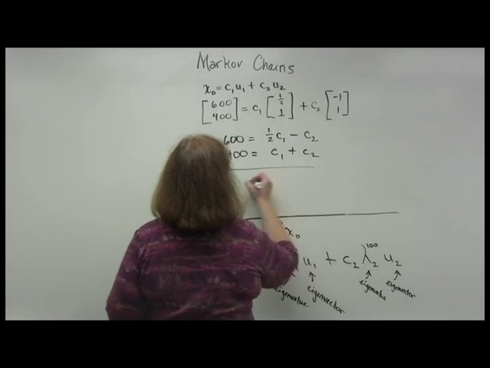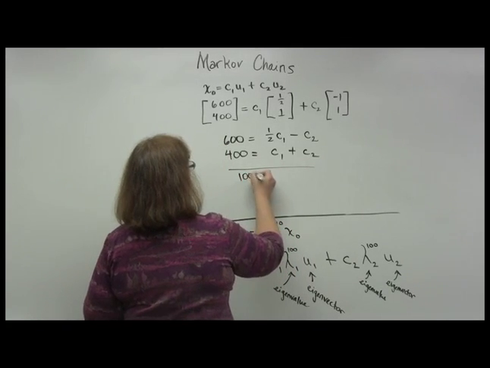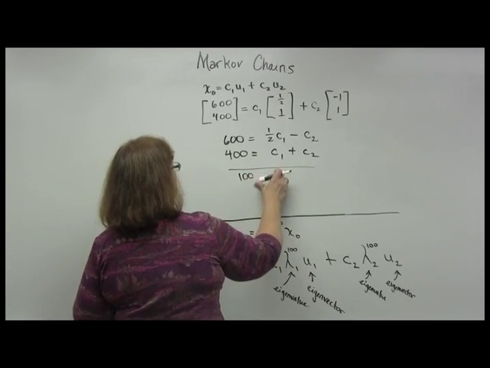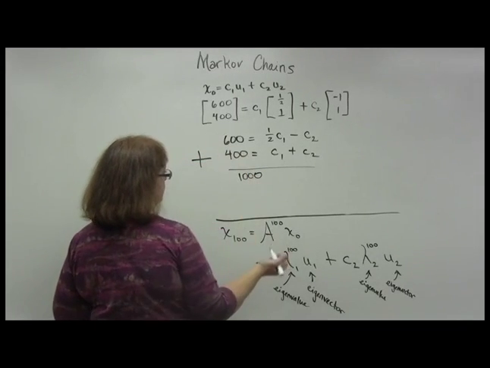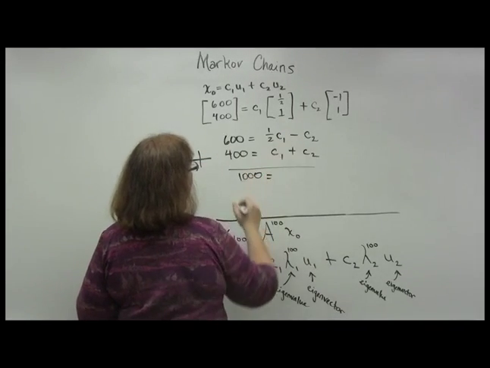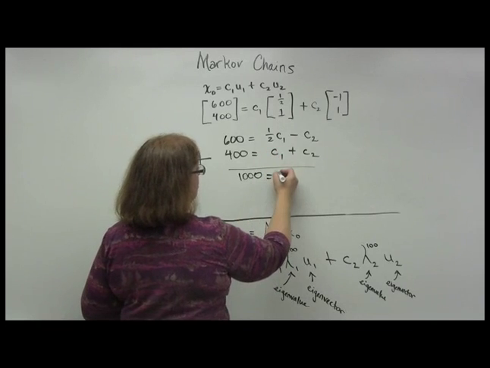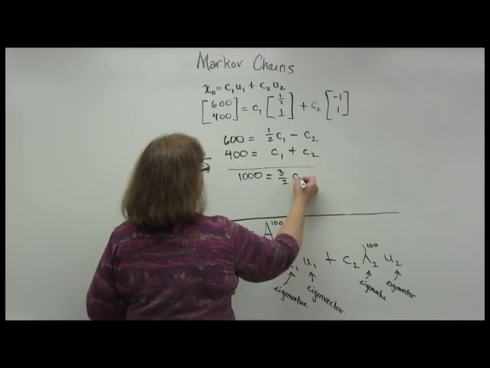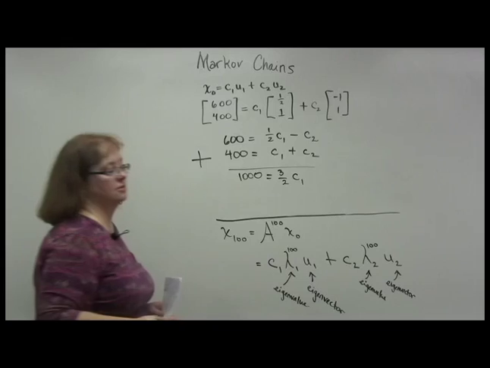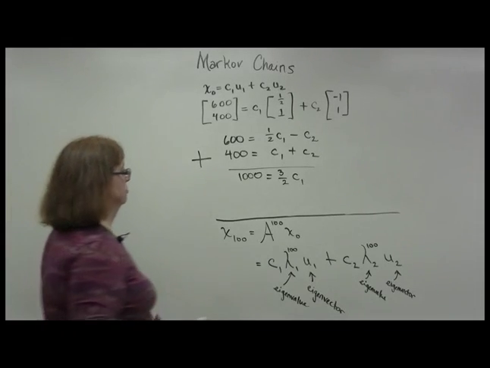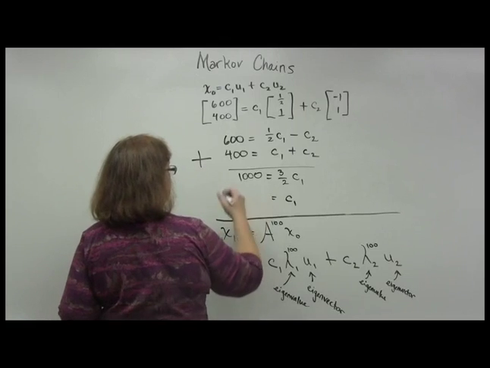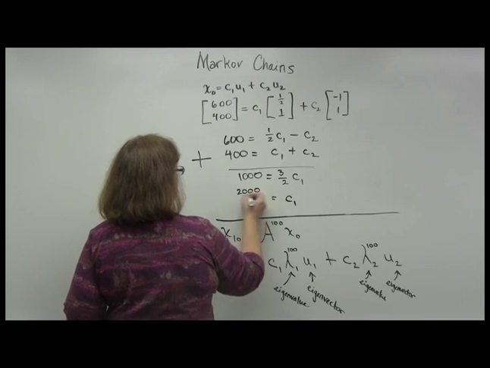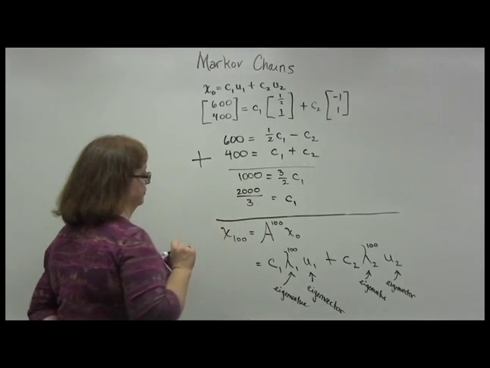What do I get? 600 plus 400 was 1,000. 1/2 of C1 plus another C1 is 3/2 of C1. And my C2s are gone. So now if I solve for C1, I get that it is 2,000 divided by 3.